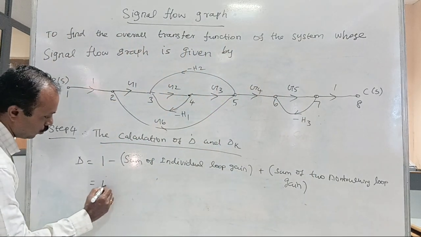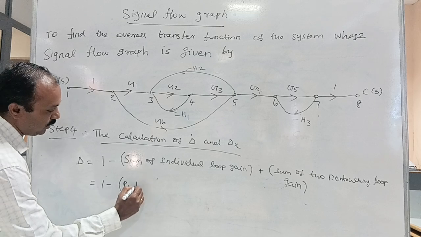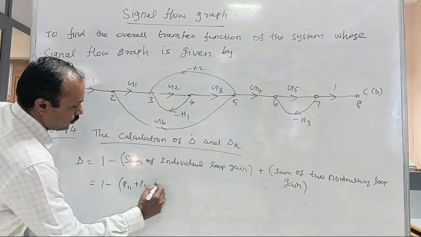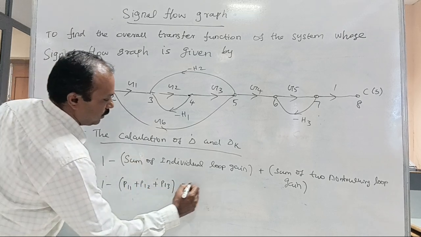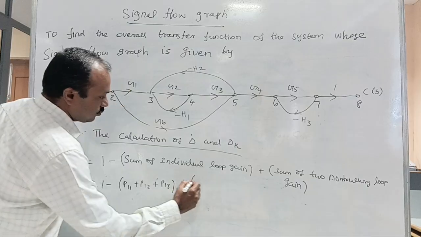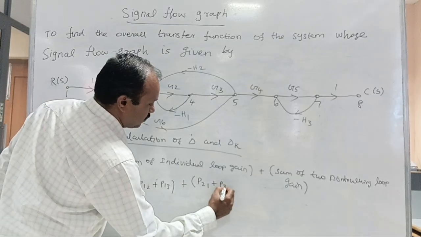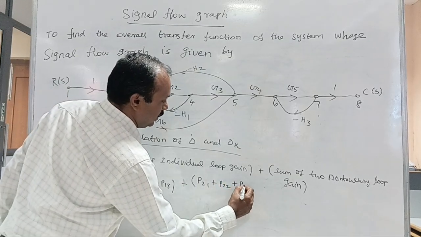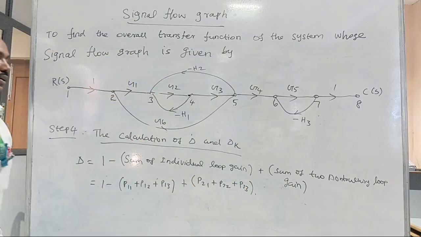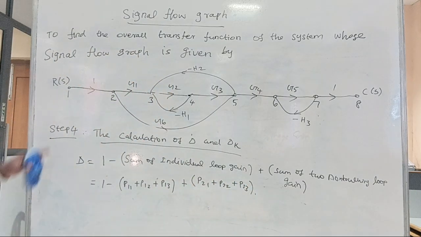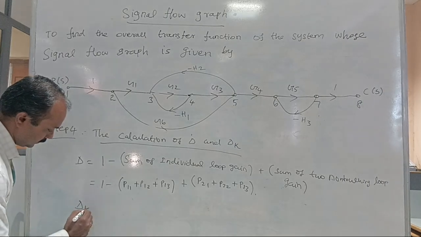That is 1 minus P11 plus P12 plus P13, plus P21 plus P22, the non-touching loop gains.